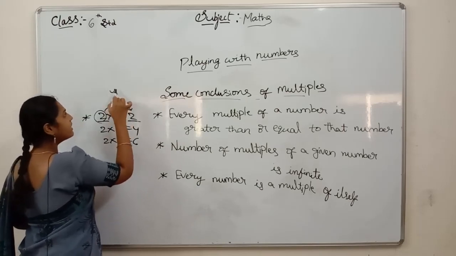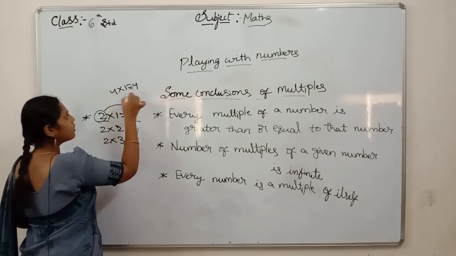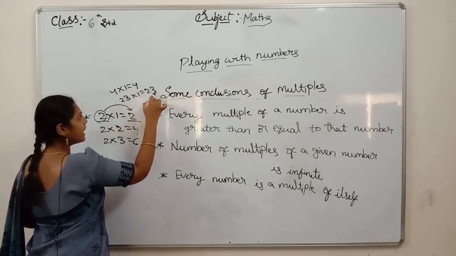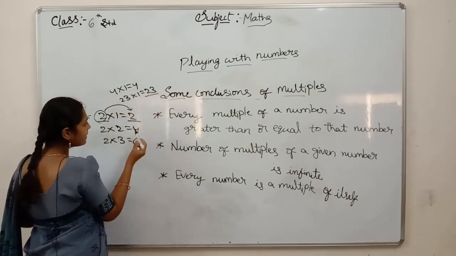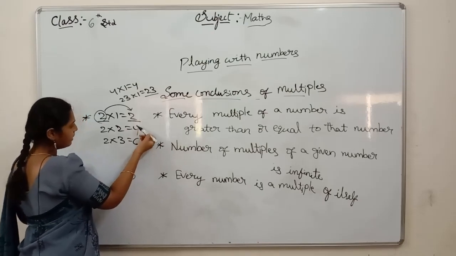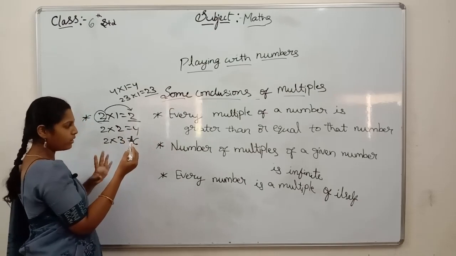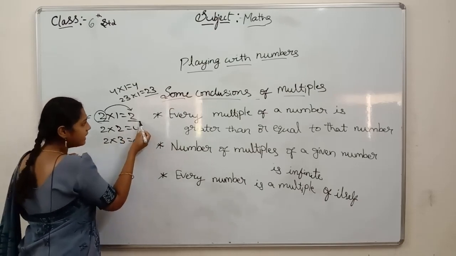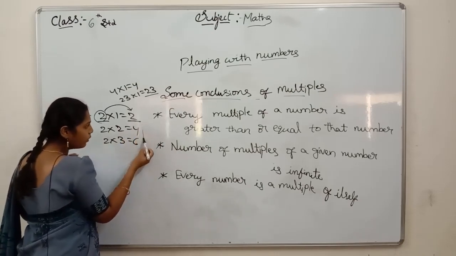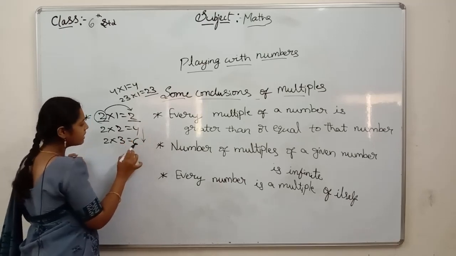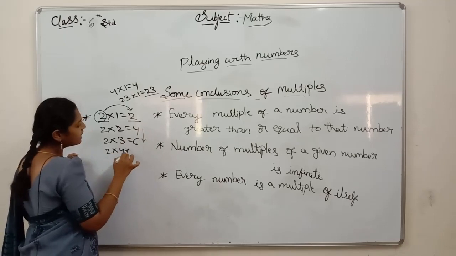Whatever number you take, 4 ones are 4. If you take 23 also, 23 ones are 23. Same number we will get. And next, by observing this table, 2 ones are 2, or any table, 3 table or 4 table, going down, the value of the number is increasing. 4, 6, again 2 fours are 8.